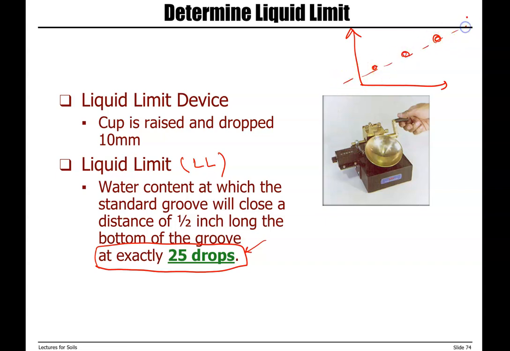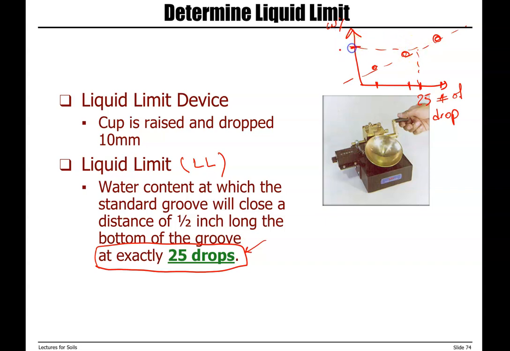Then we fit a line to those 3 data points and find, at 25 drops, what is the moisture content. So our horizontal axis is number of drops. Here we have water content.